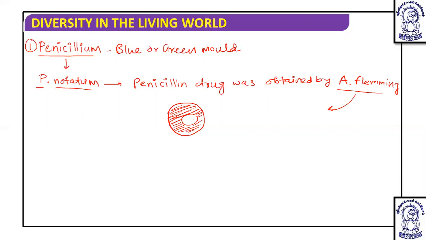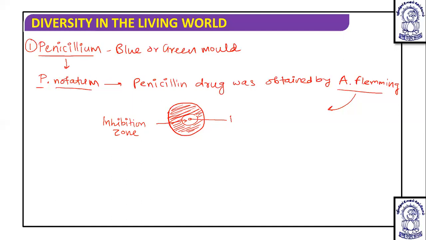But when he came back after that work, he saw one dark colored body growing there, and it inhibits growth in this area. This is known as the inhibition zone. It means the petri dish is completely filled with growing bacteria, but after he came back, he saw that in this area the bacteria were not growing due to the presence of this structure.